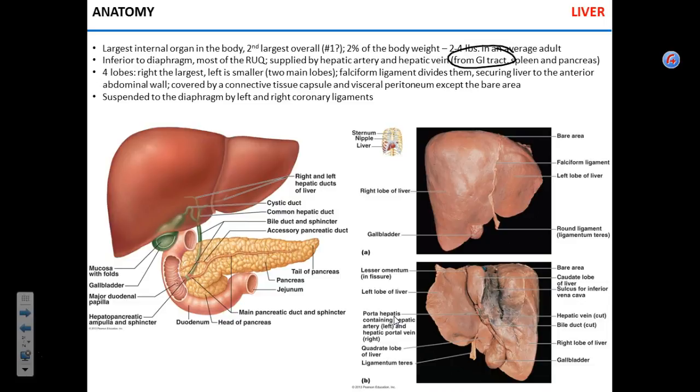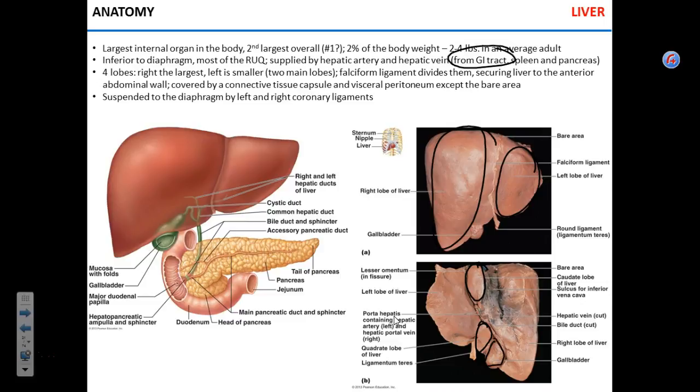Consists of 4 lobes. I give you a disclaimer. I'm going to tell you what you need to know anatomically, to identify. So there are 4 lobes. Right lobe, which is big. Left lobe, which is smaller. The caudate lobe on top. The quadrate lobe, it's the inferior aspect.